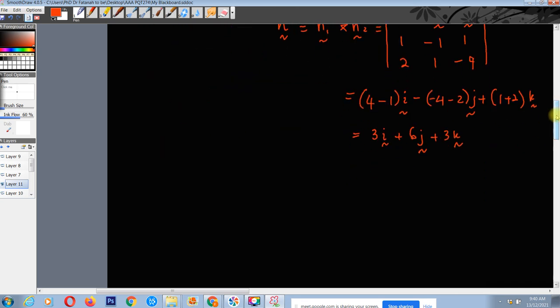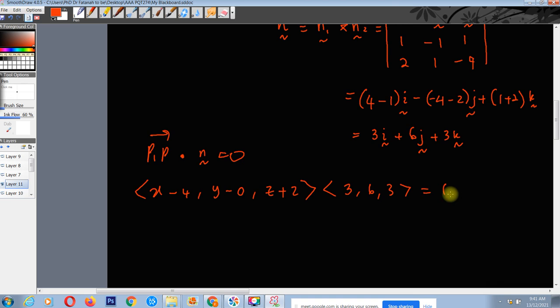So this is the normal for our plane, the red plane. And then we have a point, so P1P dot product with the normal equals 0. So we have x minus 4, y minus 0, z minus 2, dot product with the normal 3, 6, 3, equals 0.